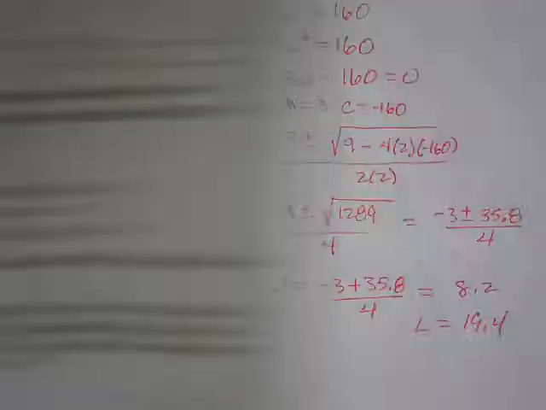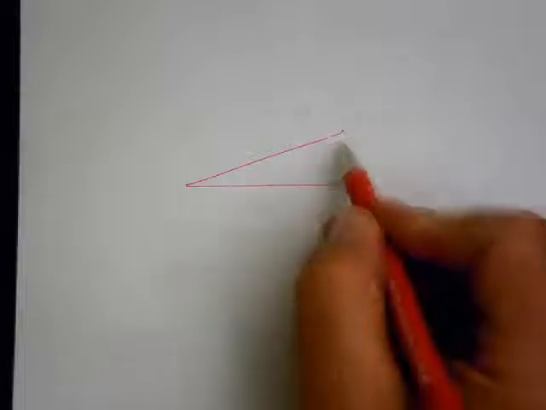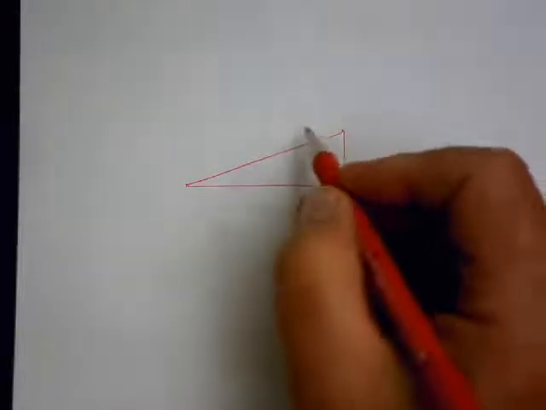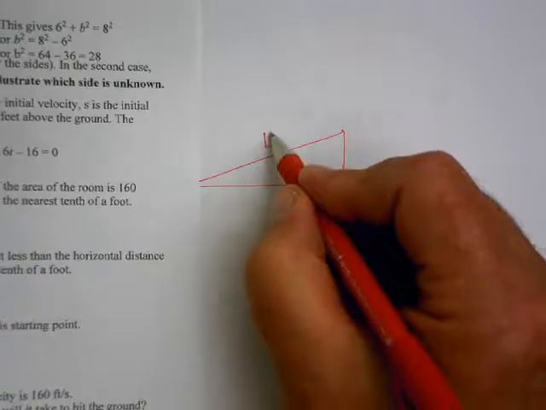Now, it can really help to make a diagram for what is going on. I have a ramp to a doorway. They tell me it's a 12-foot ramp, so there's the 12.